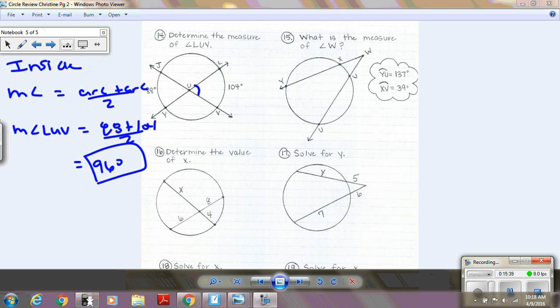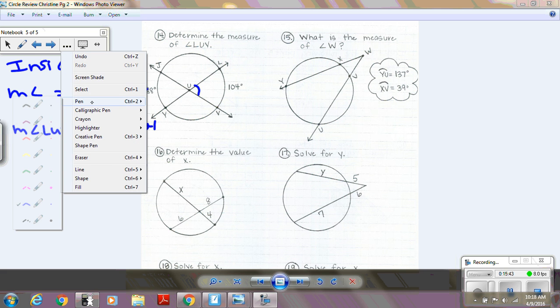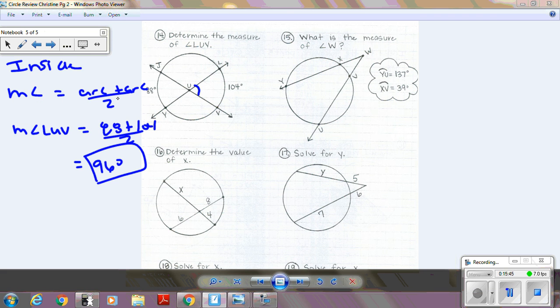Alrighty. On number 15, it tells us that arc YU, this arc here, is 137. Arc XV is 39. We want to find the measure of this angle W, which is outside the circle.